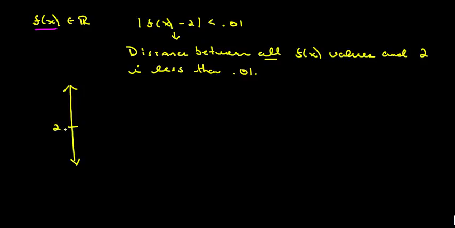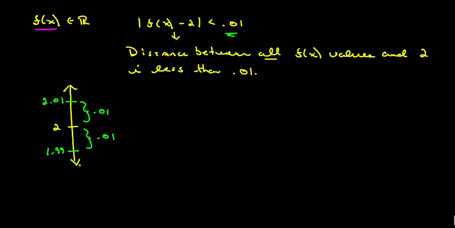Here's the number 2, okay, and here's 0.01. So if I go 0.01, I would come up here. Let me put my borders. So this is going to be 1.99 and 2.01. That gives me a distance of 0.01. Okay, that's this guy right here.